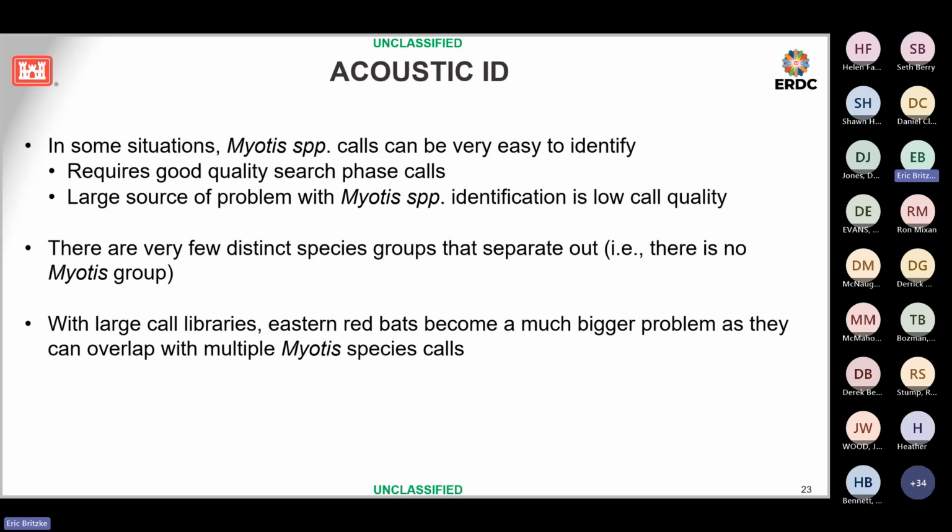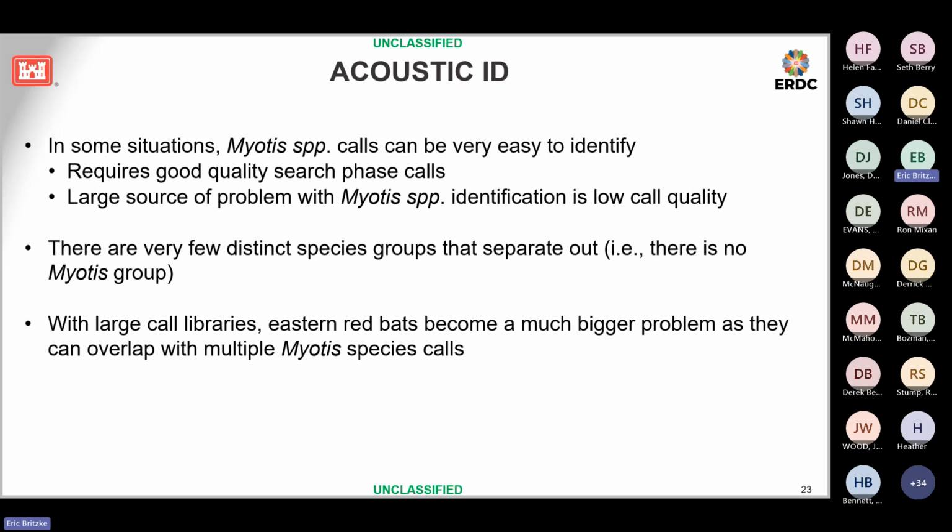For acoustic identification, sometimes the Myotis species can be quite easy to identify if you have good quality files. The biggest problem, obviously, is low quality, and when we have things like noise and call fragments. One thing that I stress in all of these talks is that there are very few distinct species groups.